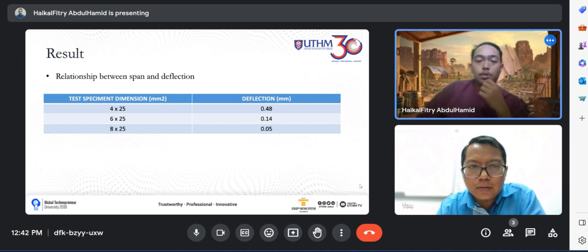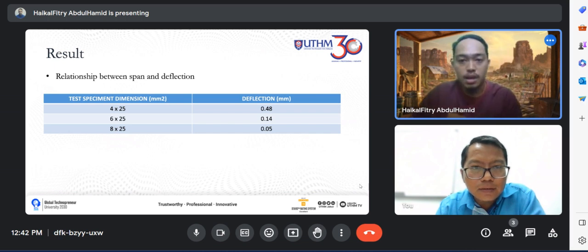Okay, we can conclude from this the smaller thickness of the specimens, we get the higher deflections. So when the thickness is higher, the deflection is smaller.